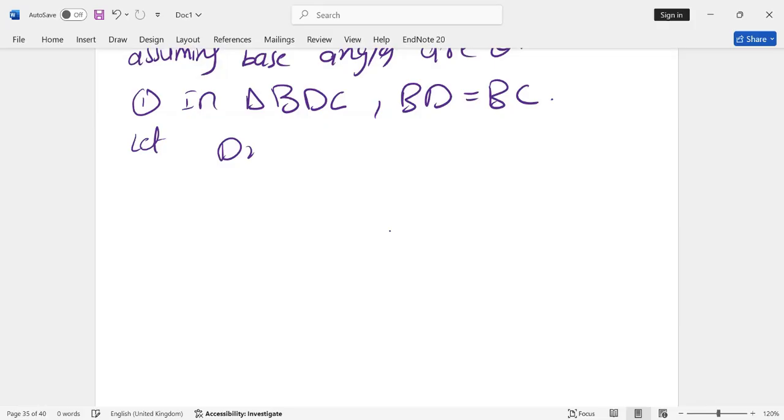We say D2 equals C1, which equals phi, and B1 equals 180 degrees minus 2 phi.